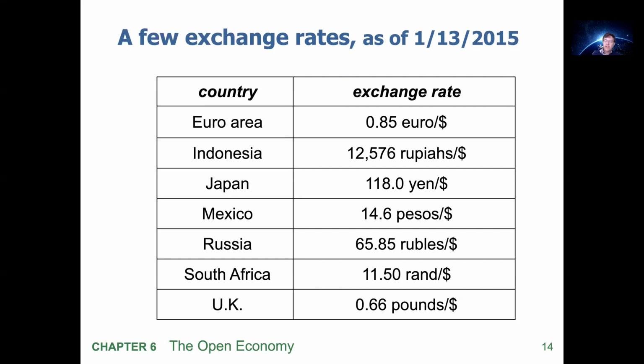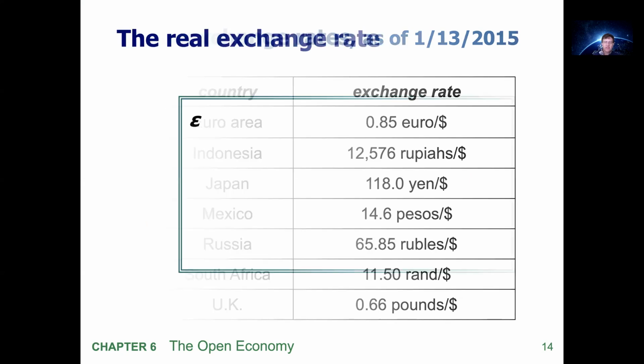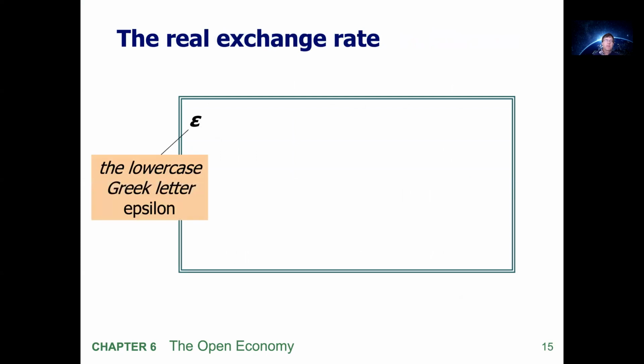It cost 118 yen, 14.6 pesos, 65 rubles, 11.5 South African rand, 0.66 pounds. I think they call them cents in the UK, so 66 UK cents for a US dollar.